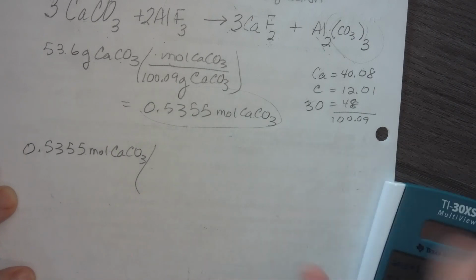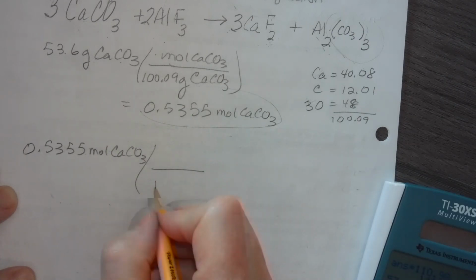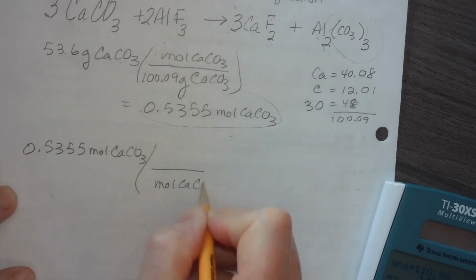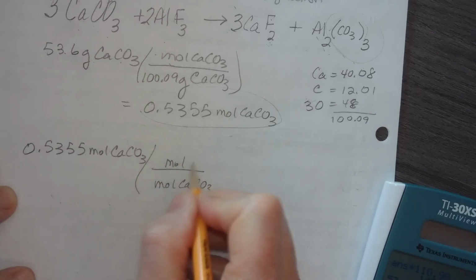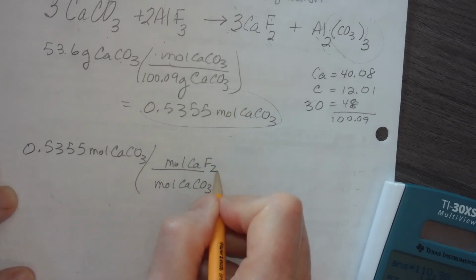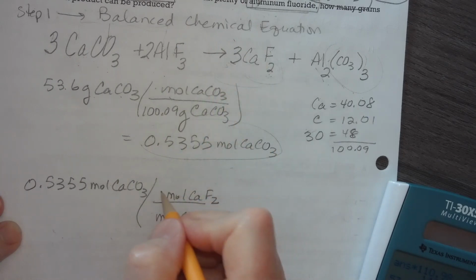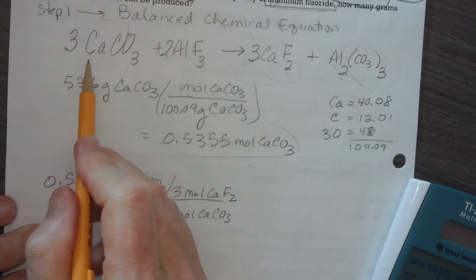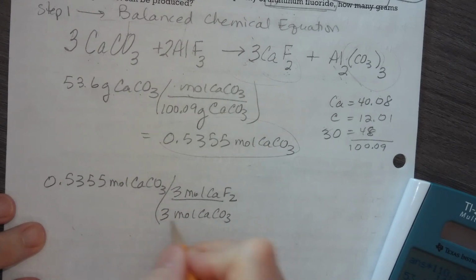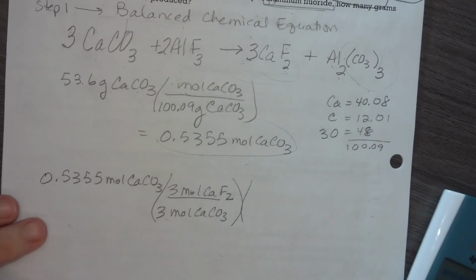and I'm going to do my mole ratio, how many moles of calcium carbonate to the moles of calcium fluoride. So up here I have 3 moles of calcium fluoride for every 3 moles of calcium carbonate. Now I need to multiply by the molar mass of calcium fluoride.